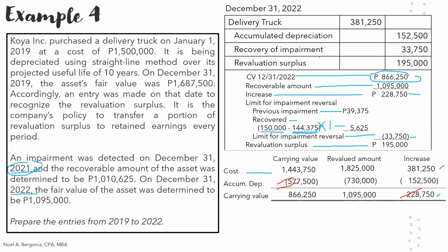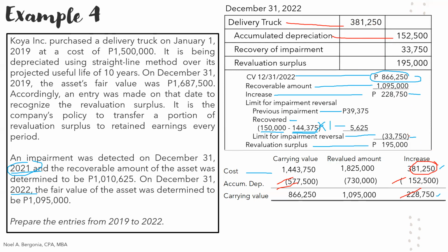Okay, so to complete the entry with debit delivery truck, 381,250. So yun po yung increase sa ating costs. Then there was an increase in accumulated depreciation of 152,500. So we credit accumulated depreciation 152,500. Then we have the recovery.